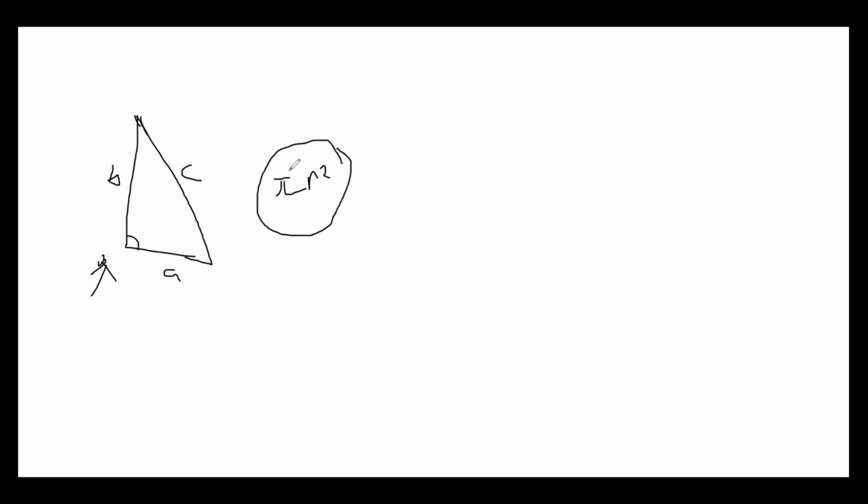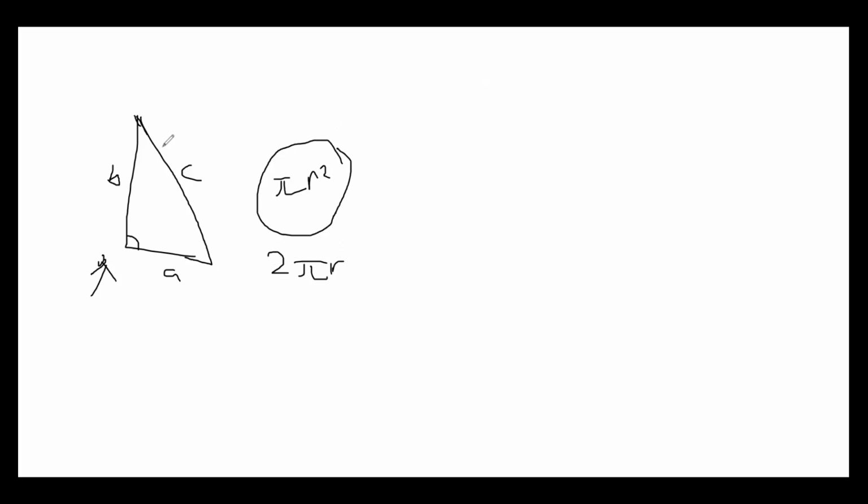Does anyone want to let me know what it is? It is d pi or 2 pi r. And you'll actually be able to know the reason why in more advanced math.